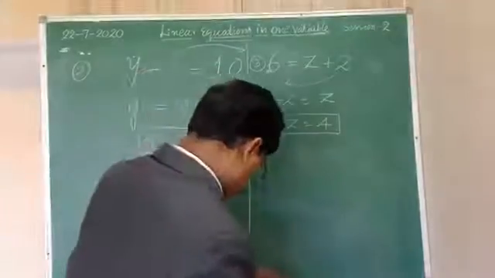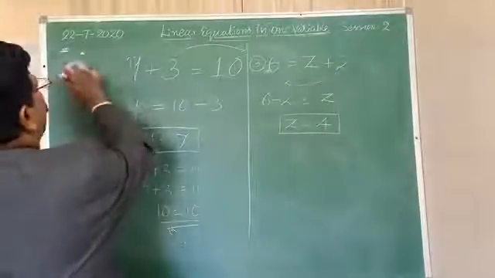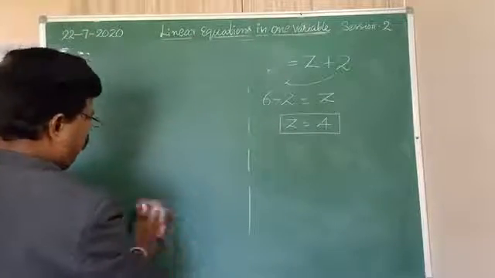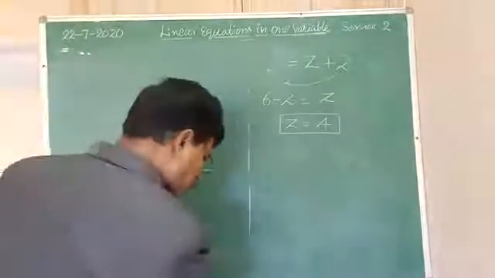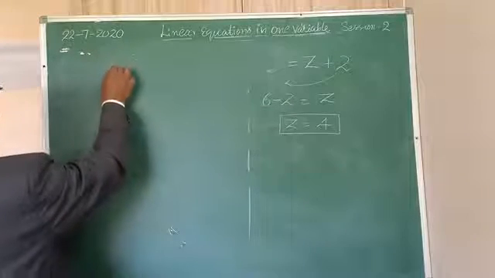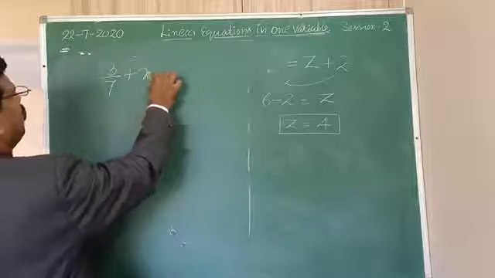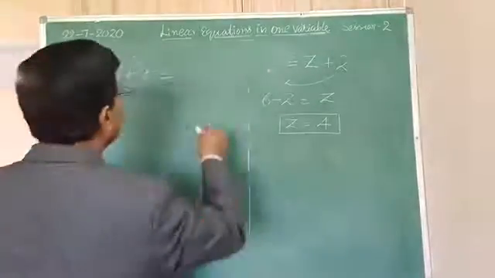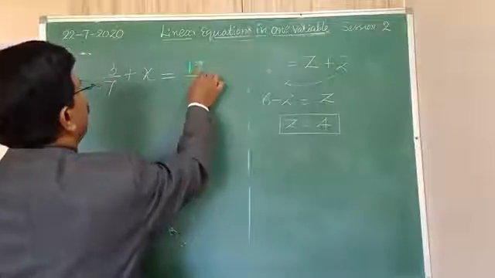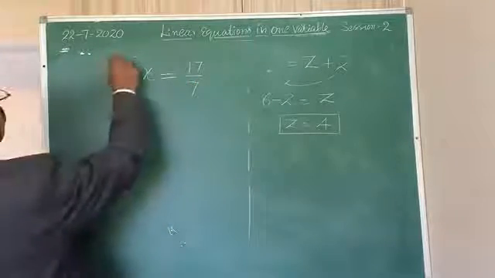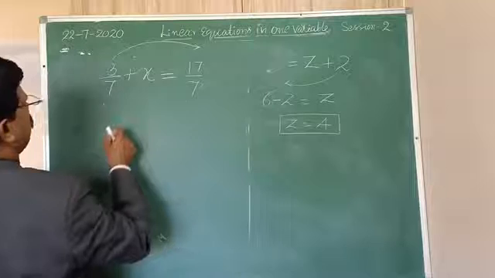Now the fourth problem, 3 by 7 plus x is equal to 17 by 7. Now transformation method, shift this to this side.